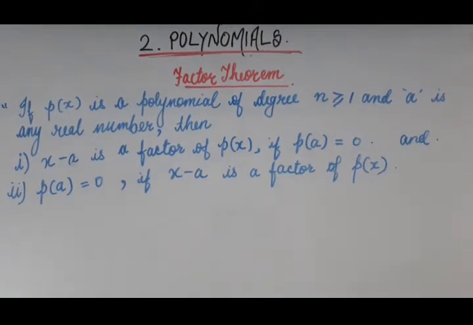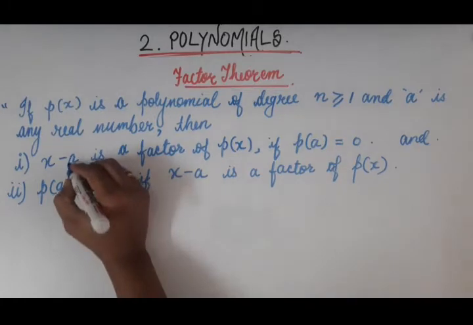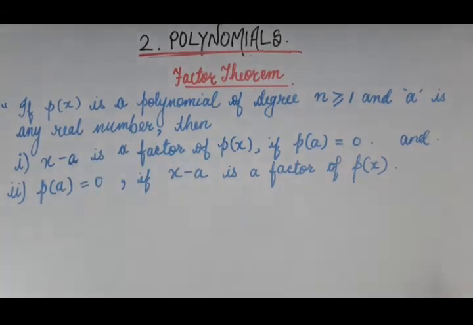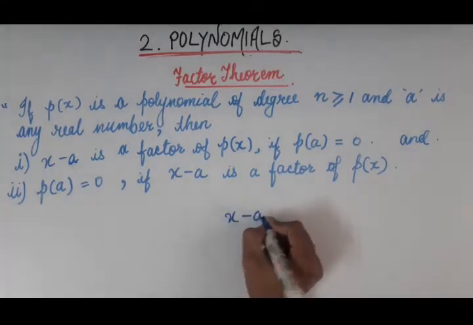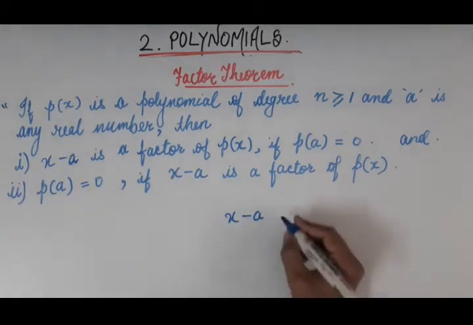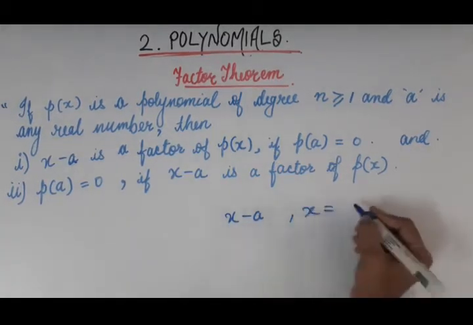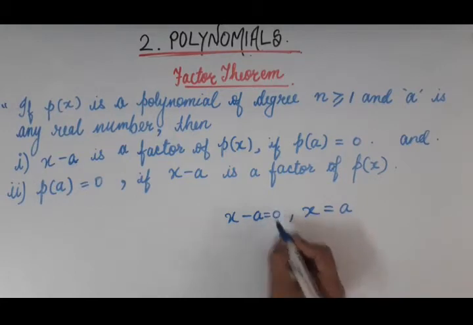Now what is p of a? This x minus a is a factor of p of x if p of a equal to 0. In the previous lecture we have seen x minus a is the divisor. If we consider it as a divisor, what will be the zero of this? x equals a, right? We have to equate it with 0.